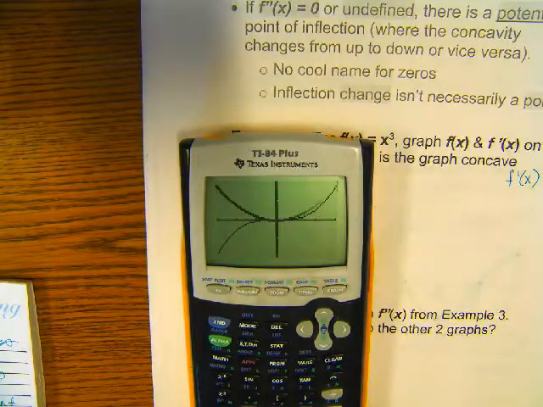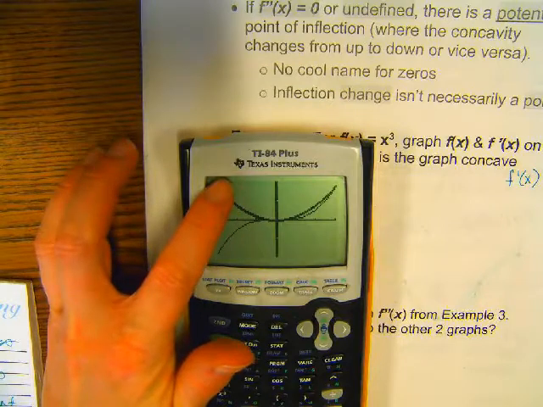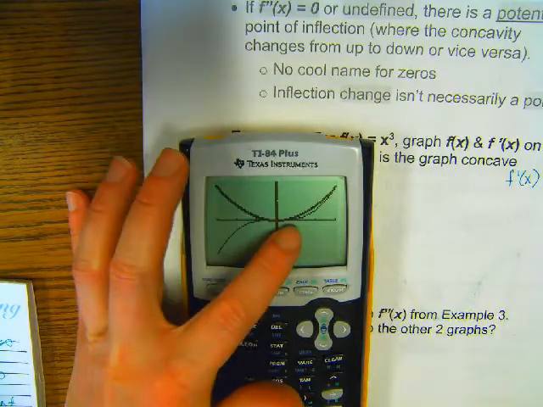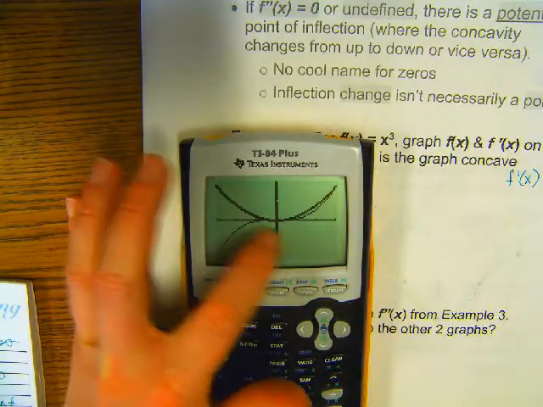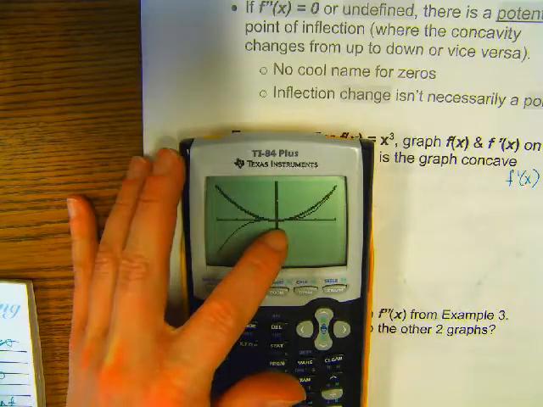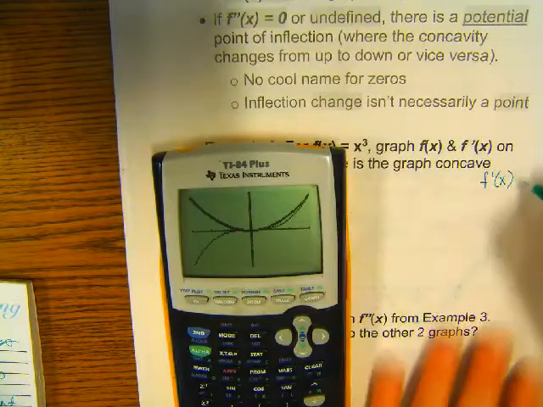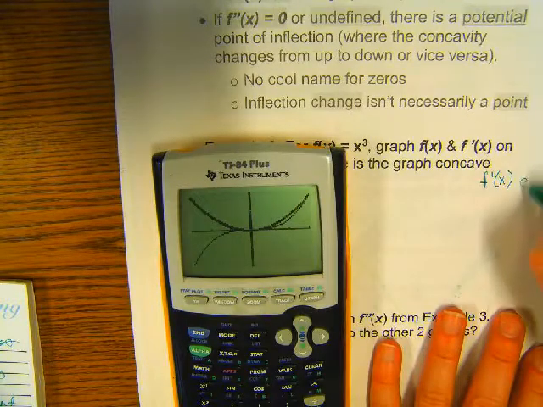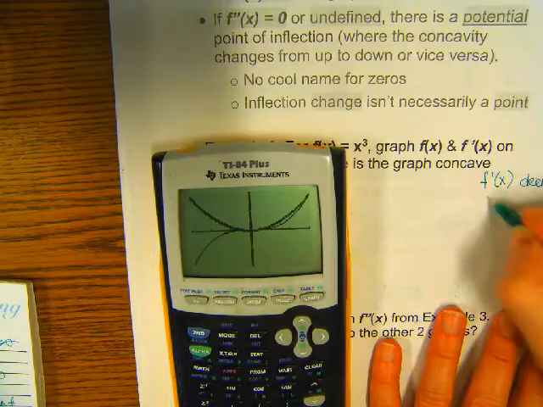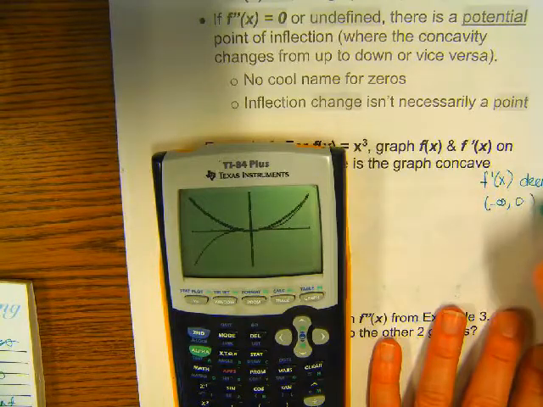What I want to point out to you is from negative infinity to 0, the derivative is decreasing. If we go back earlier in our notes, what that tells us is that f prime of x is decreasing from negative infinity to 0.